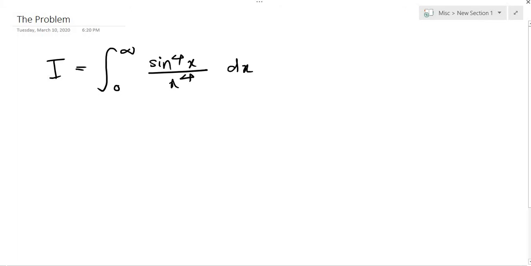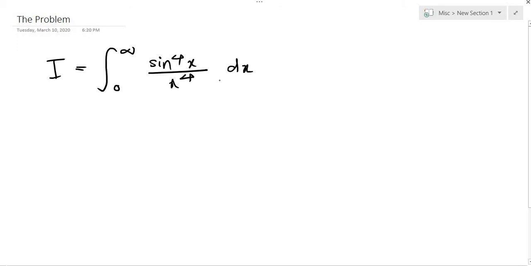Now, unlike all of my other integrals of this form, where sine was raised to a higher power and x in the denominator had a higher degree than 1, we always split the sine into simpler parts by using some trigonometric identities and stuff like that.